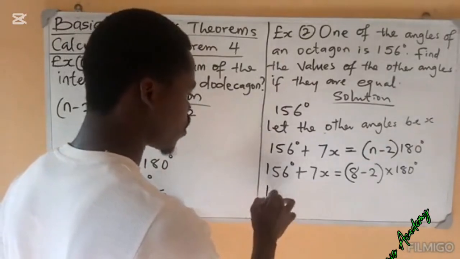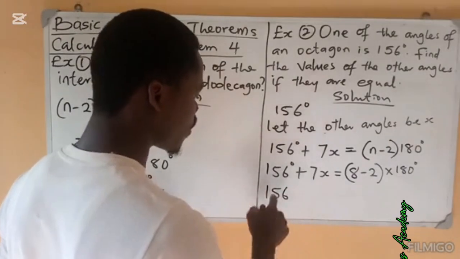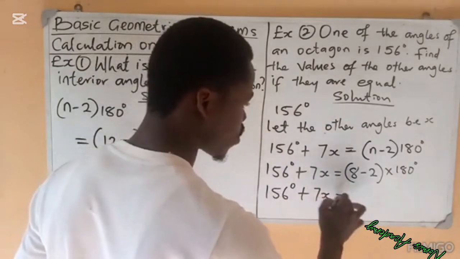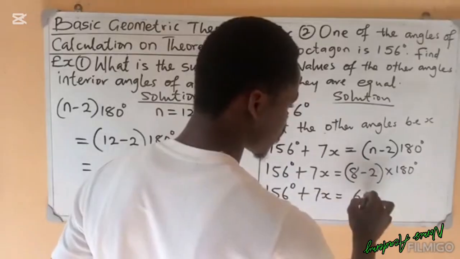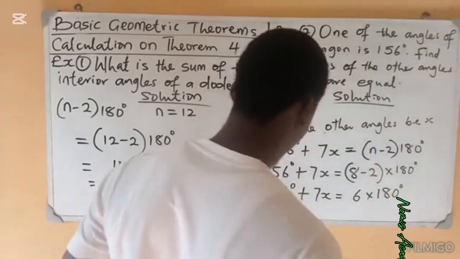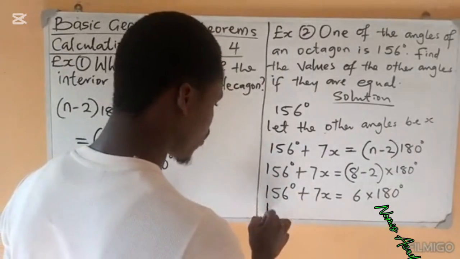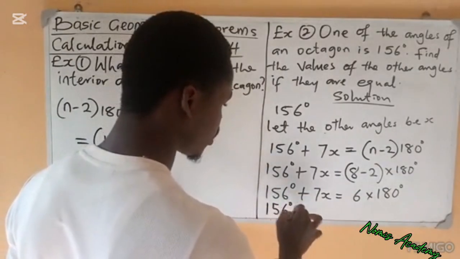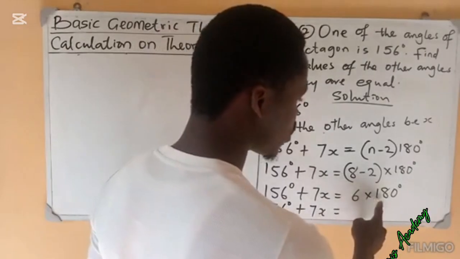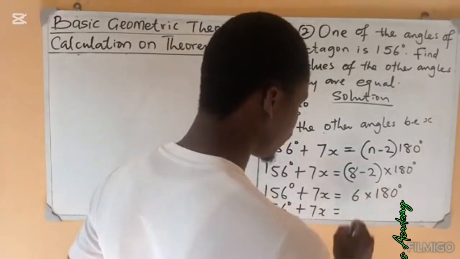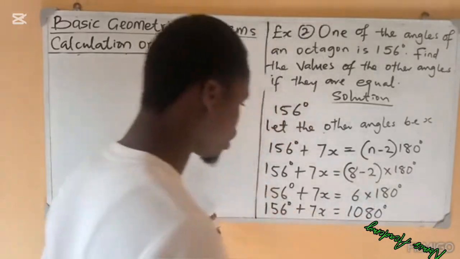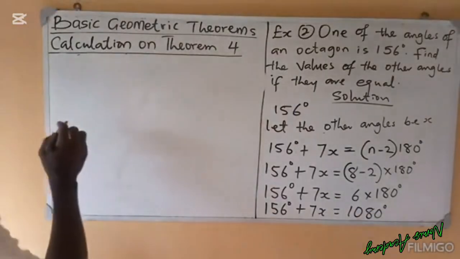So here we have 156 degrees plus 7x equal to 6 multiplied by 180 degrees, which will give us 1080 degrees.